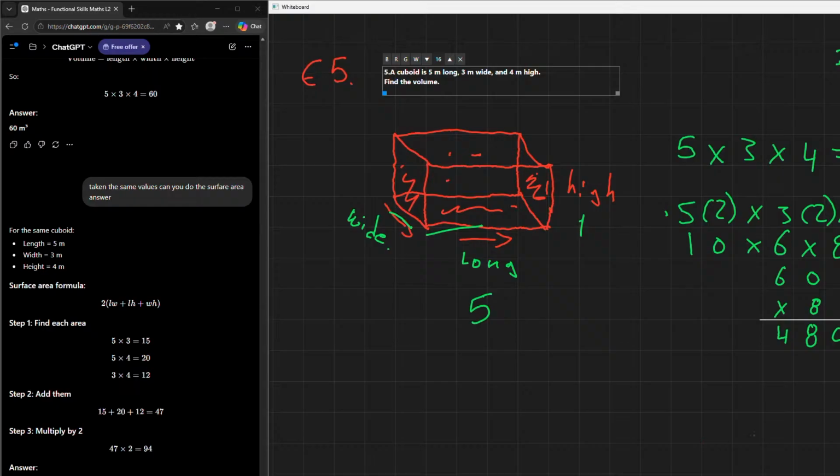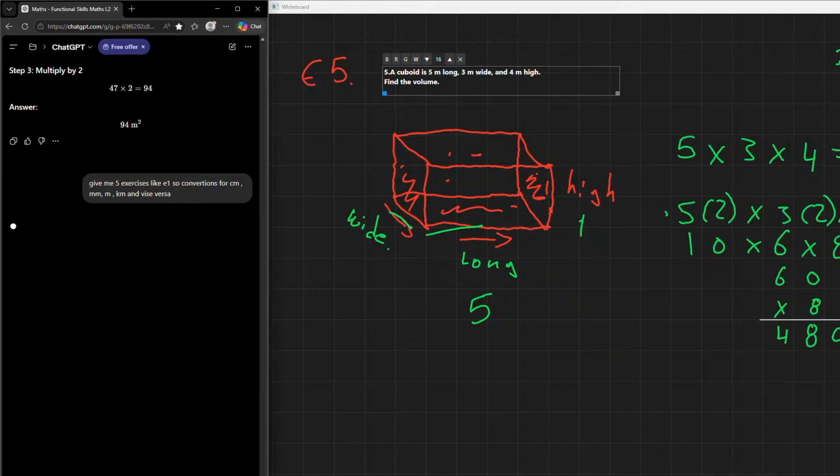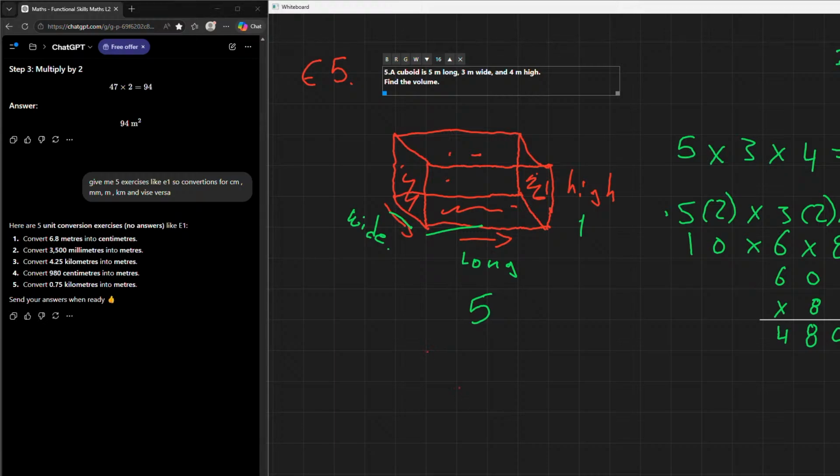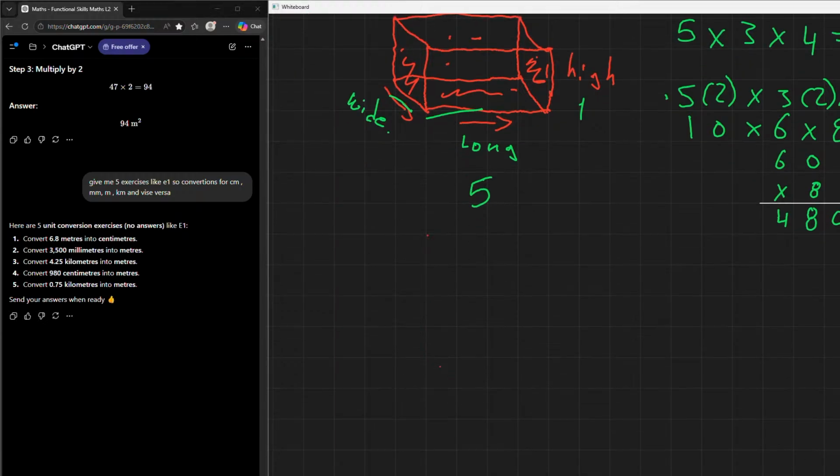Okay, we'll continue. Did my application crash or did I crash?